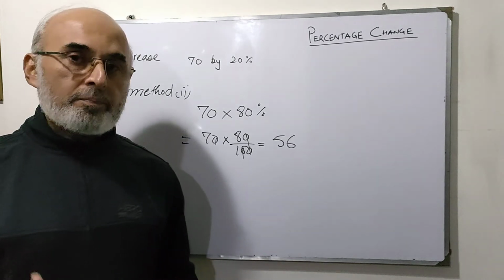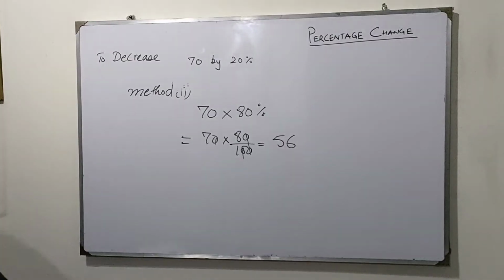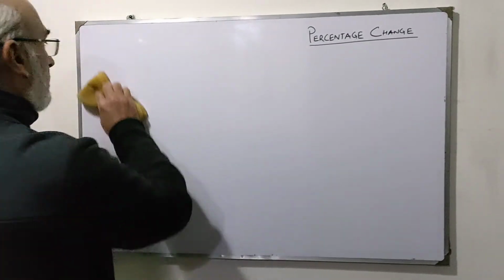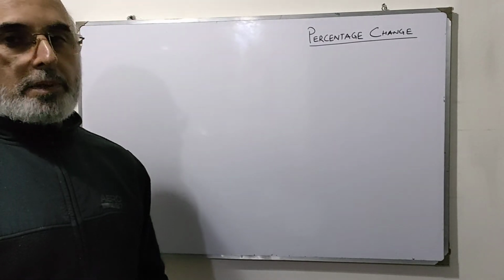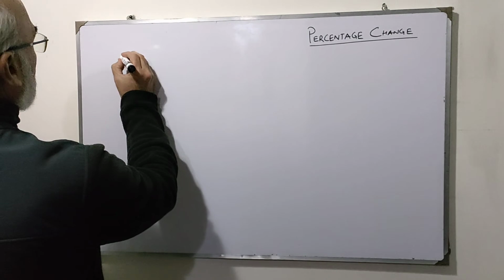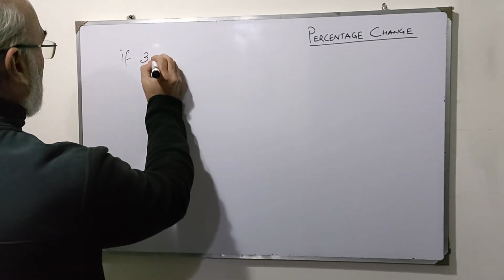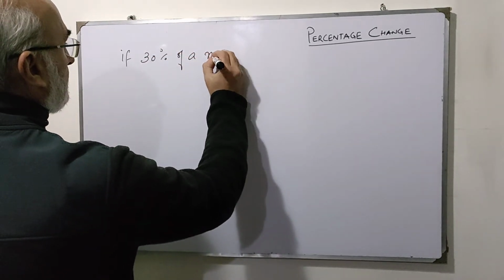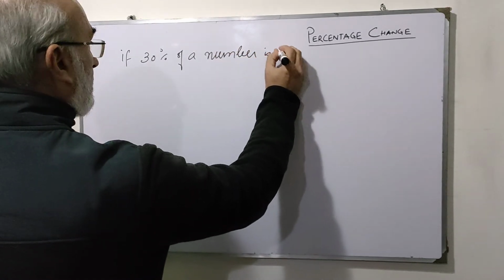Okay, now let's do some problems. Since we know how to increase or decrease a number, let's take a small problem. Suppose 30% of a number is 15.